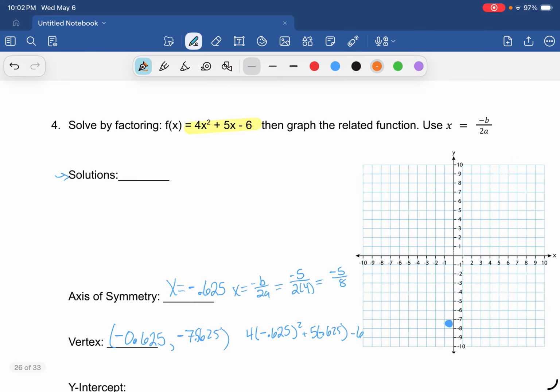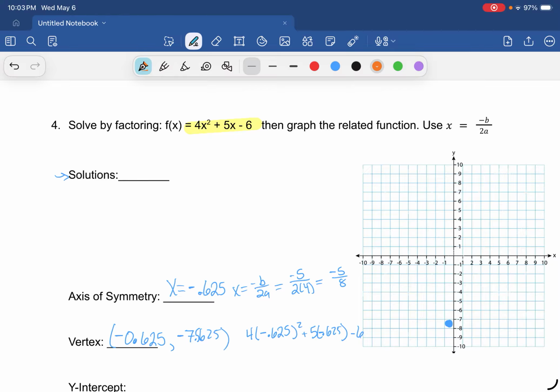And that's not gonna work. So cool. That is how you'd find your x-intercept or your y-intercept.